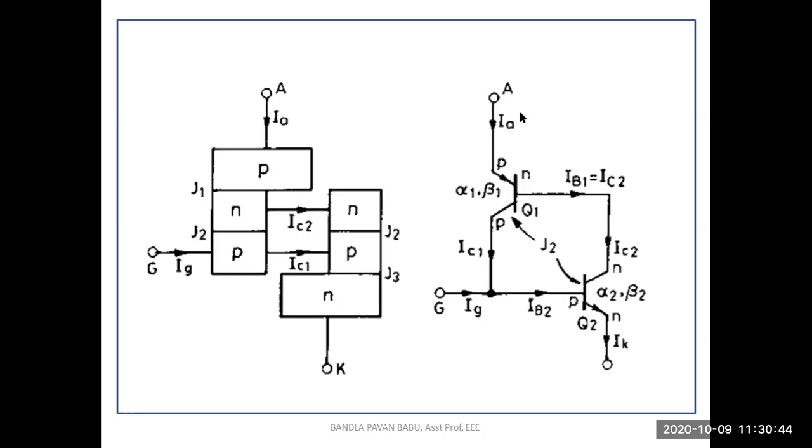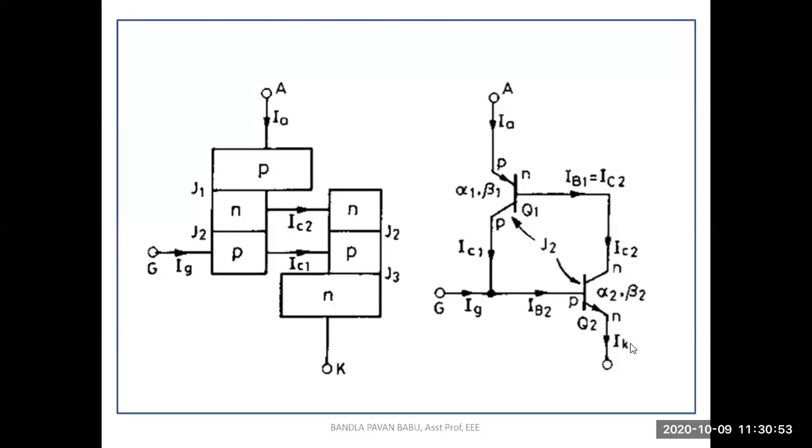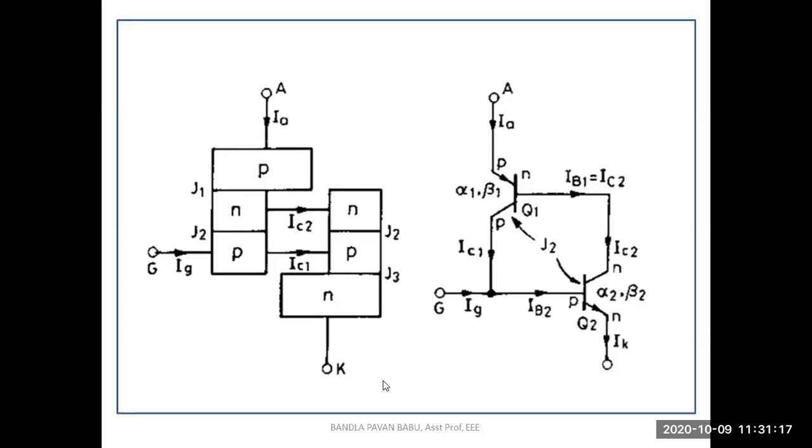The emitter terminal for the first transistor is the anode, that is IA, and the emitter terminal for the other transistor Q2 is IK, the cathode. So anode, cathode, and gate. I hope it is fine up to now.